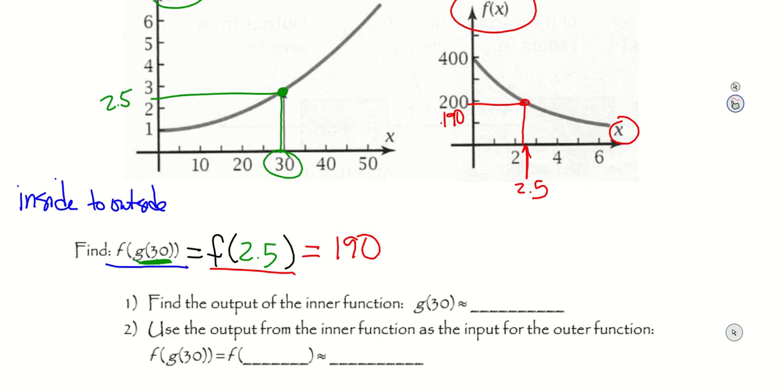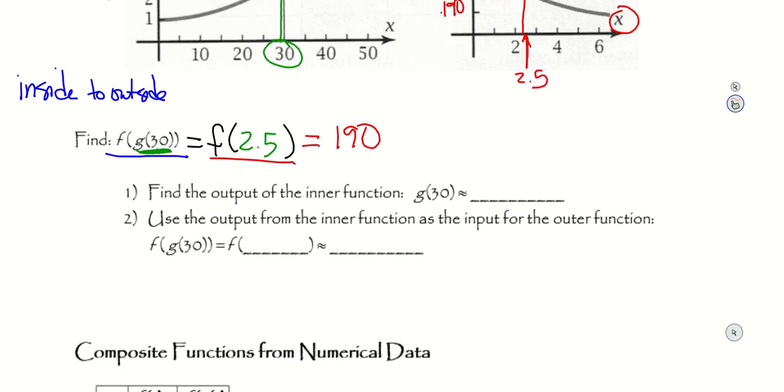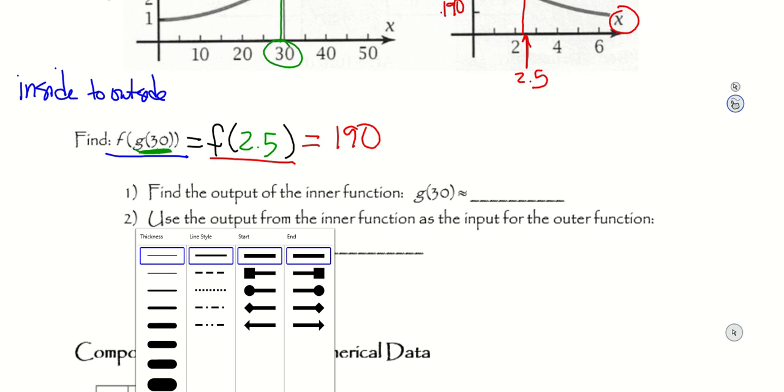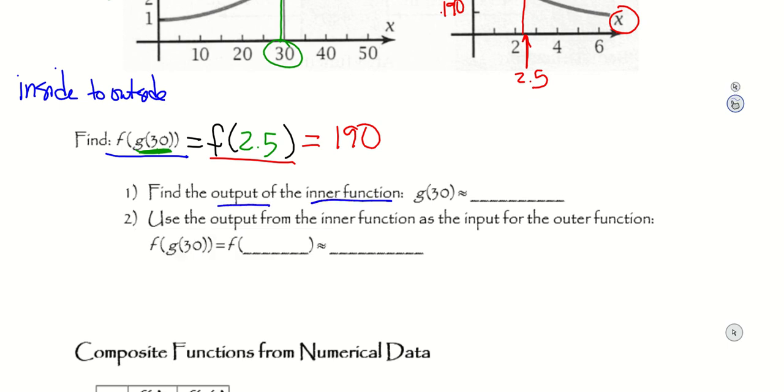So let's summarize what we did here. We found the output for the inner function. We found g of 30, and we got about 2.5. Then we used that output, right? We used 2.5 from the inner function as the input for the outer function.